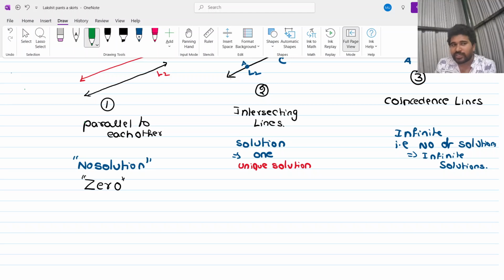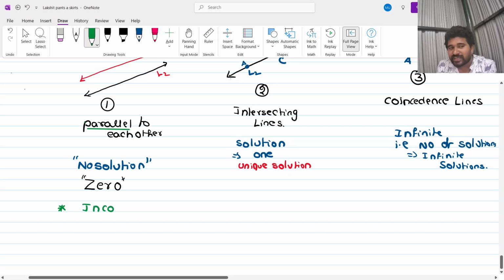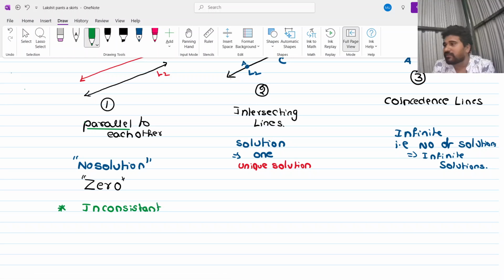Observe here, in this parallel case, do we have any solution? Then we will tell the given equations are inconsistent, meaning no solution.